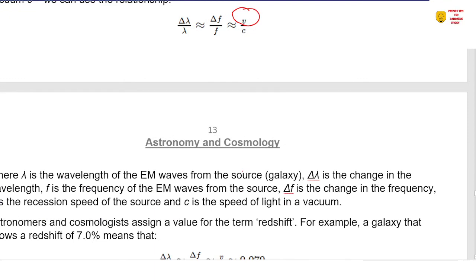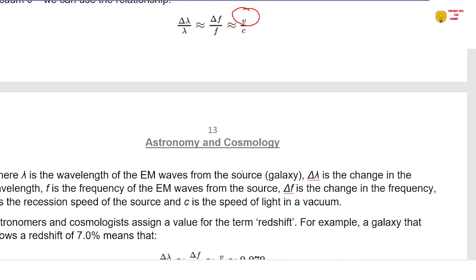So lambda here is the wavelength of the EM waves from the source, that is from the galaxy, and delta lambda is the change in the wavelength. f is the frequency of the electromagnetic waves from the source, and delta f is the change in the frequency. v is the recession speed of the source, and c is the speed of light in a vacuum.